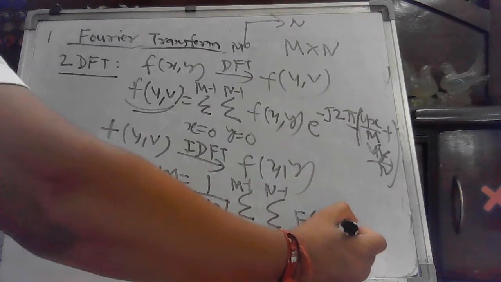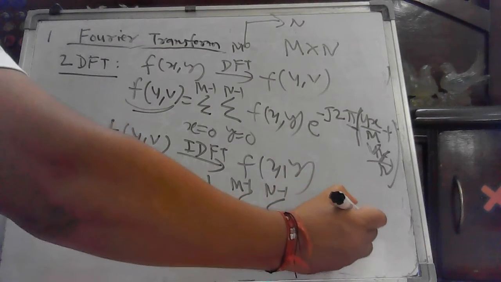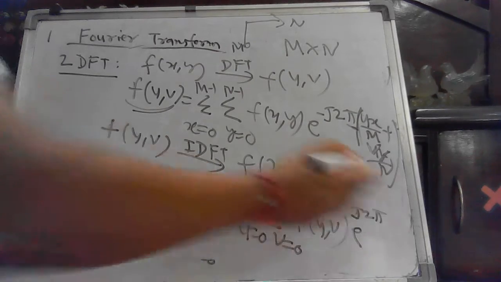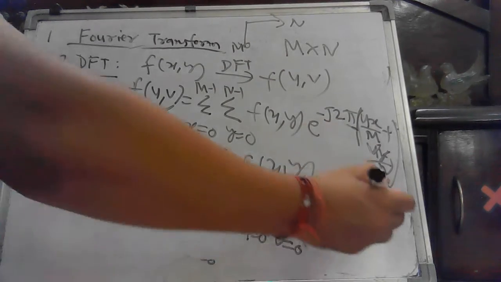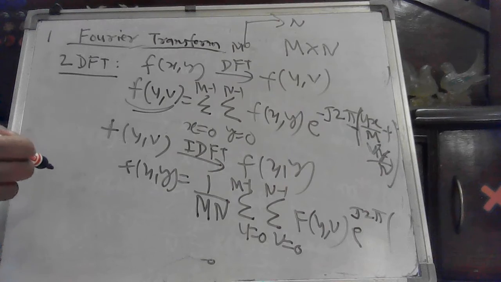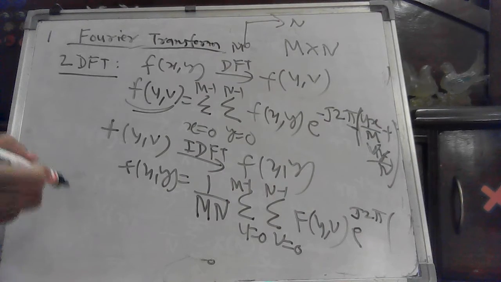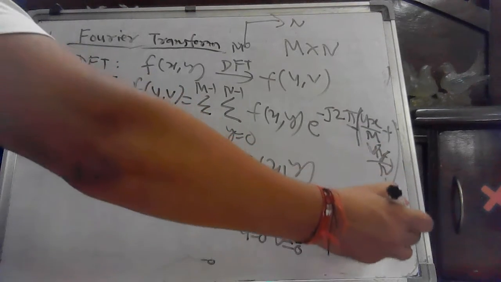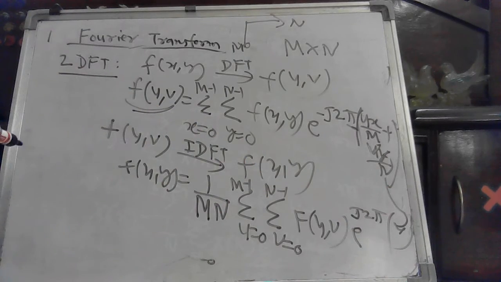I told you last time, no minus here. So you simply write j 2 pi, and then the same thing, ux over M plus vy over N. You write this down here. So you will get this, and the Fourier spectrum is the same.